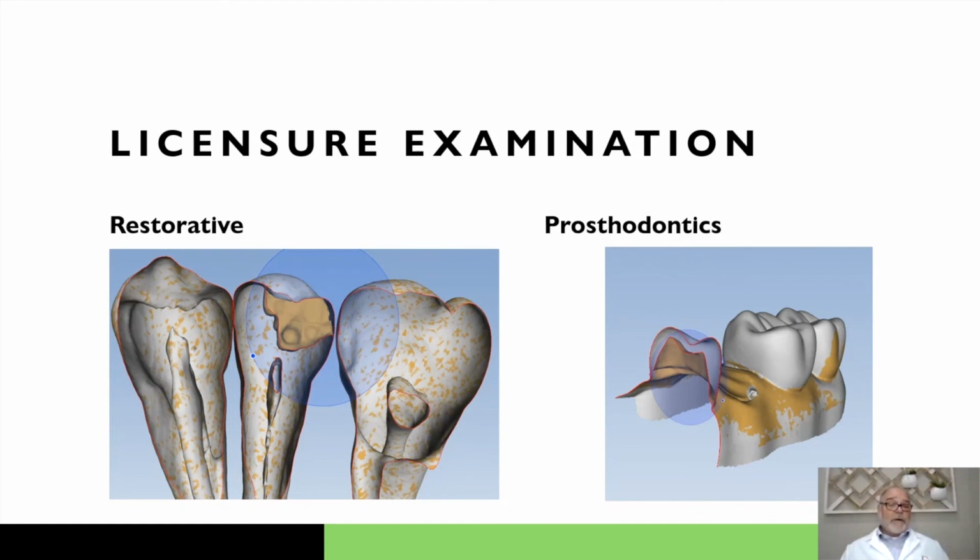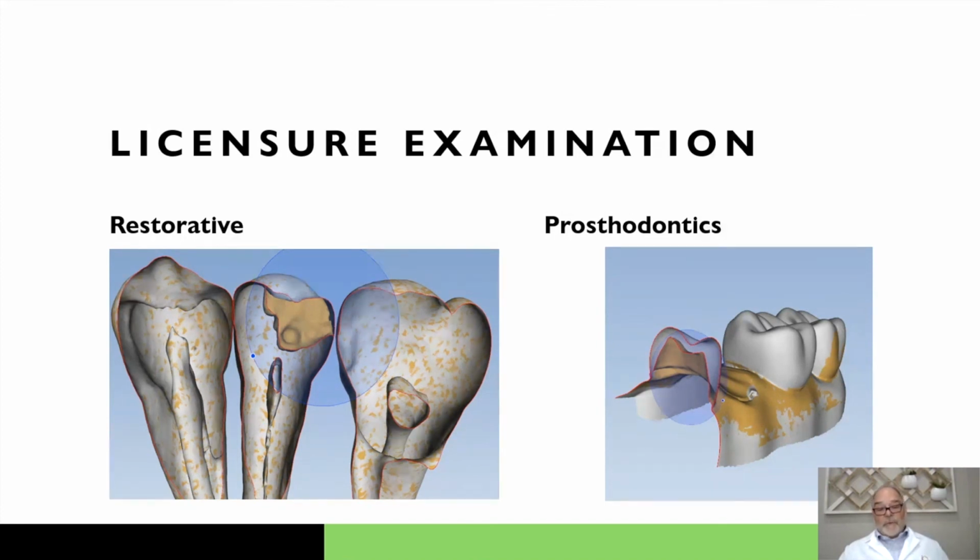If you look at the model there for the restorative, what you're looking at again is an overlay of an unprepared model, which would be the white, and the student's preparation. Now, what I like about this picture, among many things, is if you look at the speckled aspect of it, what that's telling me is that overlay is so exact that the technology can't even decide which one to show me, so it's showing me parts of both.